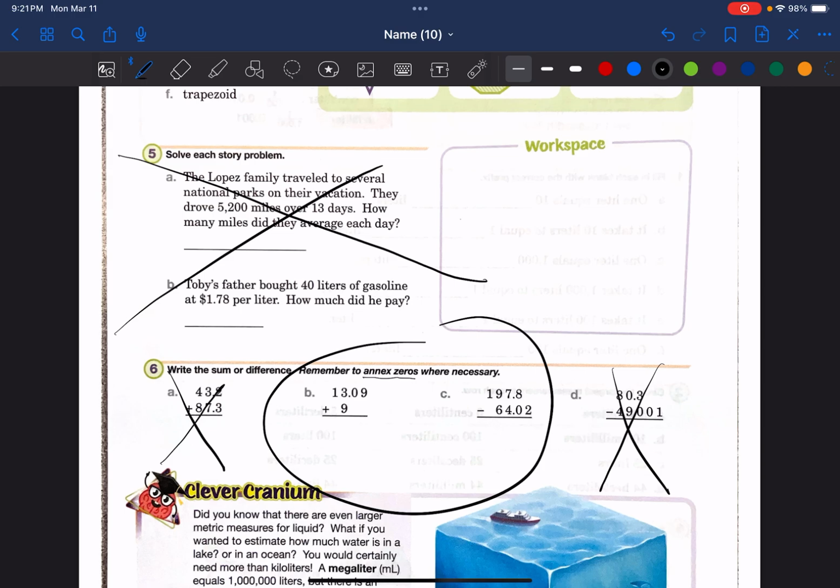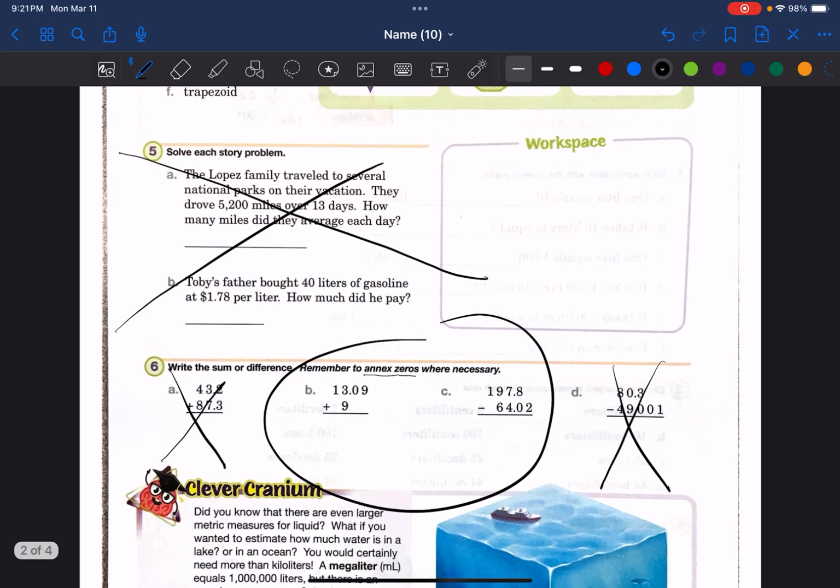If I, for example, have just 9 and I don't have the zeros there, then in your mind you might say, well, I'm just adding 9 to nothing. But the rule of it is that I cannot add 13 and 9/100ths if I don't have hundredths also on the next number.